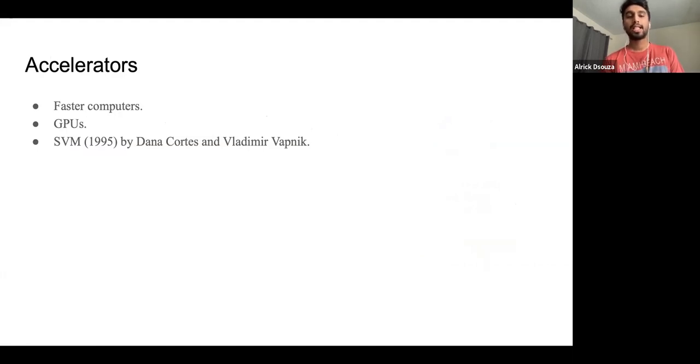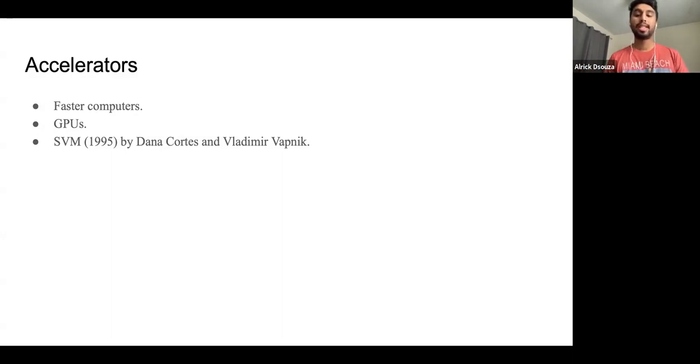SVM was launched in 1995. It is not a neural net, but it was a competitor to neural nets. SVMs provided really good results, and the second thing is that they had very low computation. They didn't need a lot of computation power. So there was this general question out there: do we really need deep learning? Given just 2 or 3% of improvement, but I'm training for 2 or 3 days or even 10 days for a very simple task, do I really need deep learning?